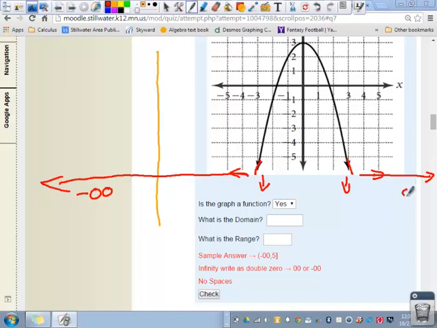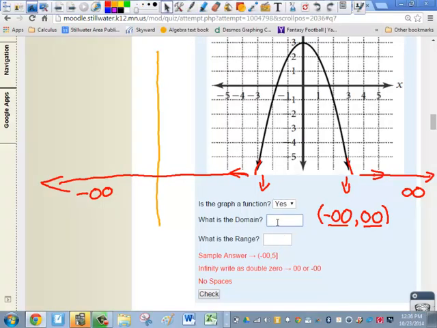And so thus it has a domain going to positive infinity. From left to right is your domain. So how would you write that? Would you write that as a parenthesis negative infinity, comma, infinity, parenthesis? Whenever we're dealing with infinities, you always use parentheses on the side that the infinities are on. So I'll try putting that in here and see what we get. Negative infinity, comma, infinity.